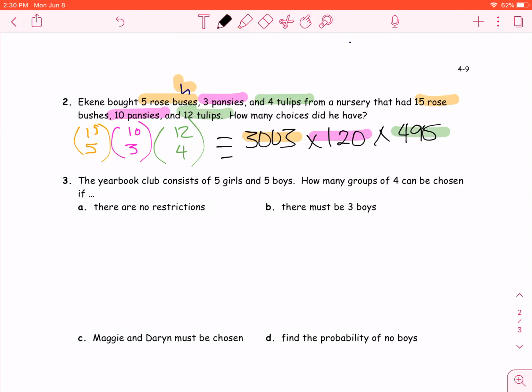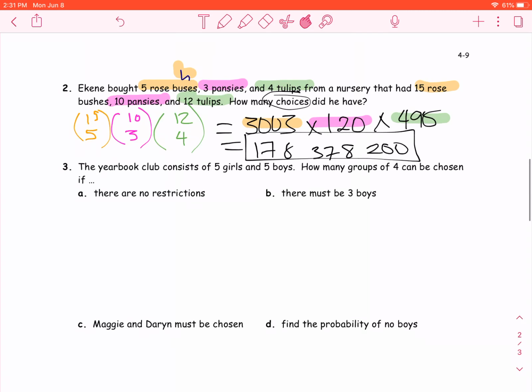Now your final answer at the very end, once you multiply them out, is quite a big number: 178,378,200. So with combinations, if we have multiple sets that we're considering, that's what we would do to figure out how many choices in total he has. Okay, neat. We'll move on to the next one.